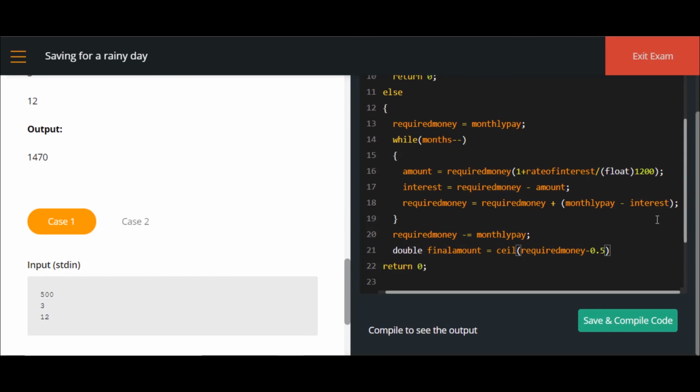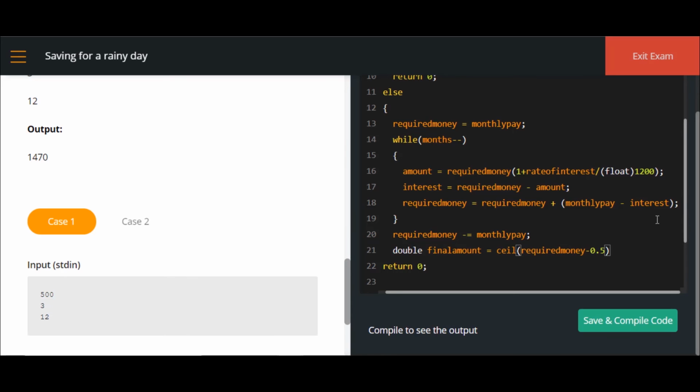Say if your required money value is 1470.63, assume. So if you subtract 0.5 from it, your output would be 1470.13, isn't it? So if I round it off, it would be 1470.